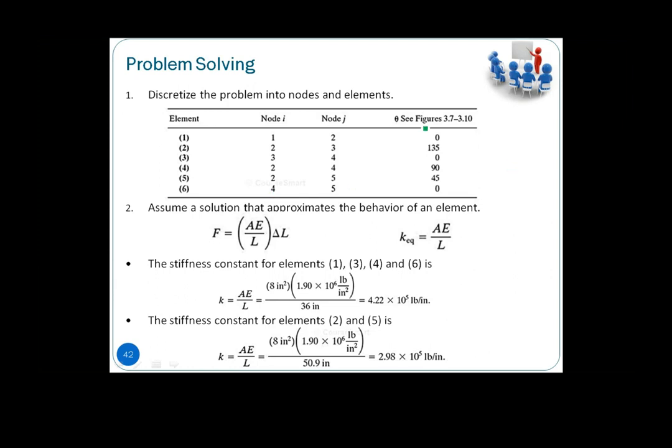The angle theta is 0 for elements 1, 3, 6, 90 for element 4, 135 for element 2, and 45 for element 5.